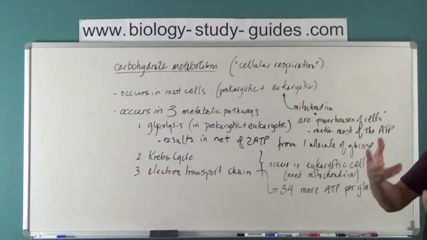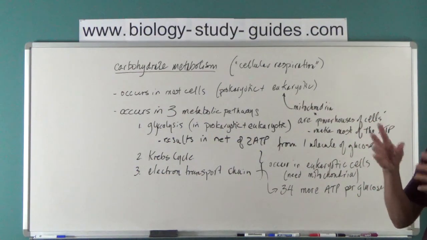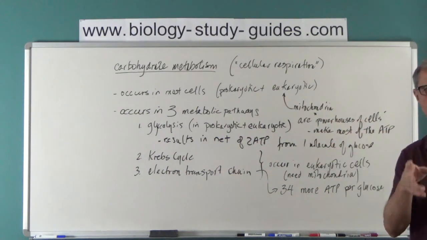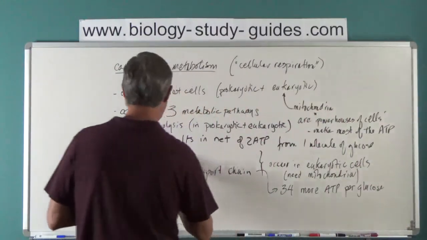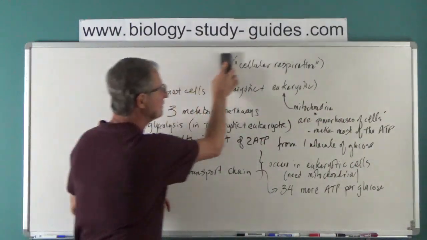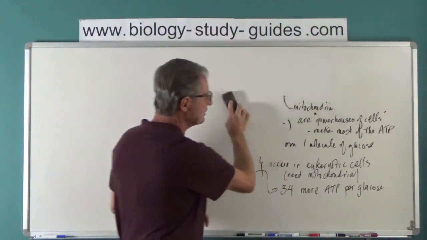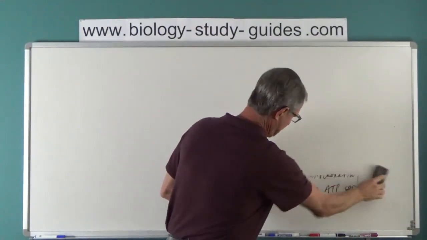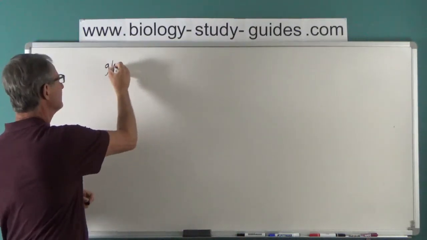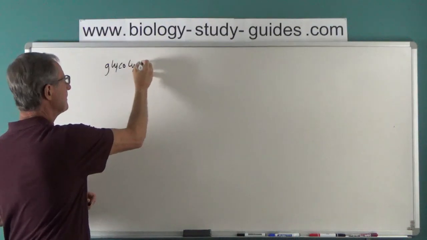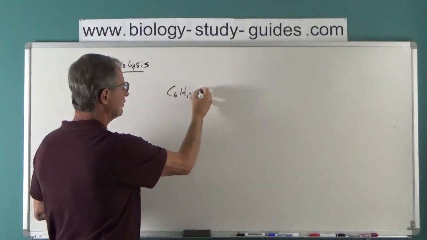But what I want to do is take a closer look at these reactions because our topic is metabolic pathways. How do you get this thing to become that thing, to become another thing, to become another thing? And that's what goes on in here. So looking at glycolysis. Glycolysis has quite a few steps in it. It starts with sugar, C6H12O6.